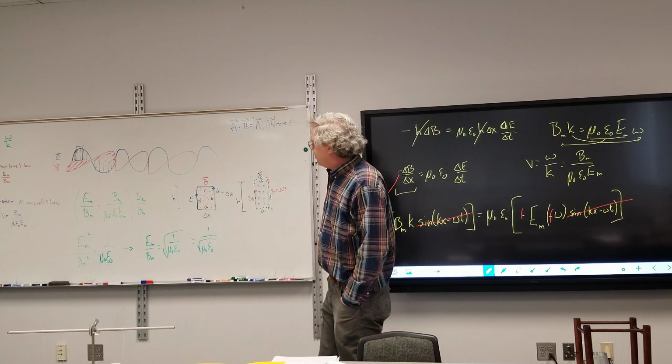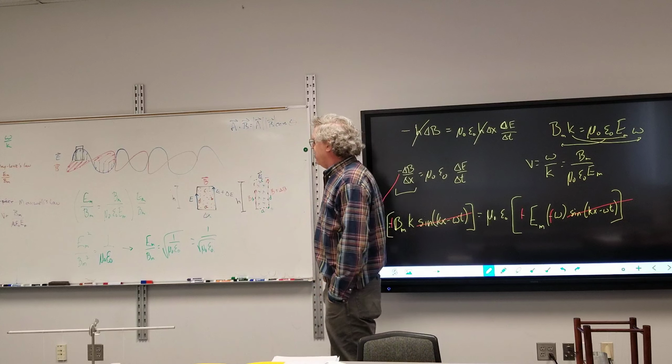And E_m over B_m is just the speed of the wave. So we now have an equation for the speed of an electromagnetic wave.